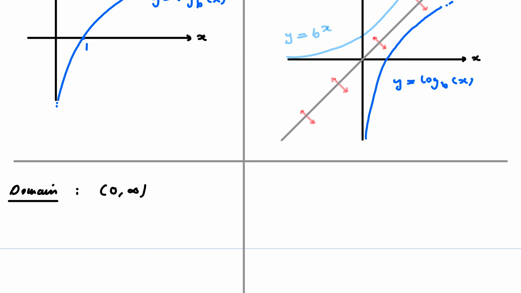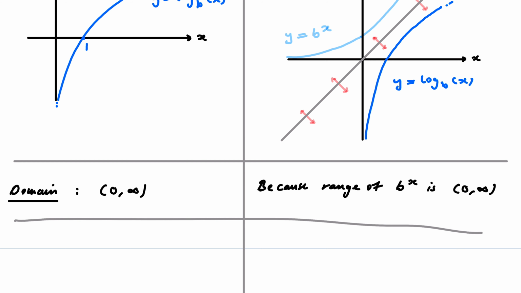And if you want to compare this to the inverse, remember what inverses do, it flips domains and ranges. This is because the range of b to the x is 0 to infinity. That's a nice way to think about it, because the inverse, if it exists, flips it.